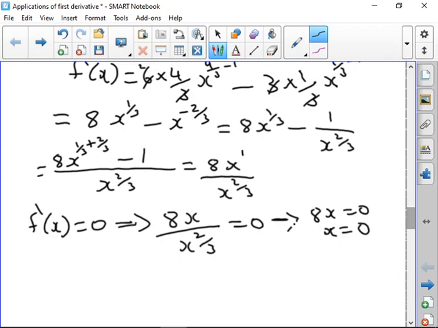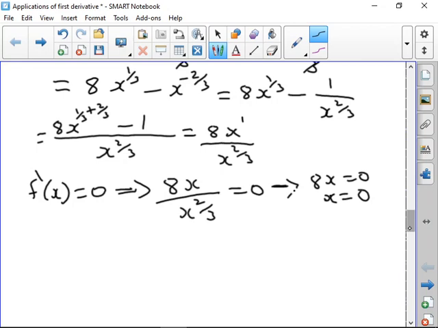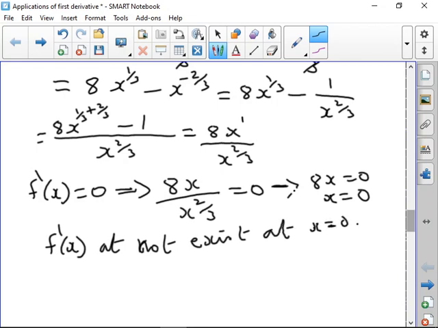And also we say that f dash of x does not exist at x is equal to 0. Okay, f dash of x does not exist at x is equal to 0.